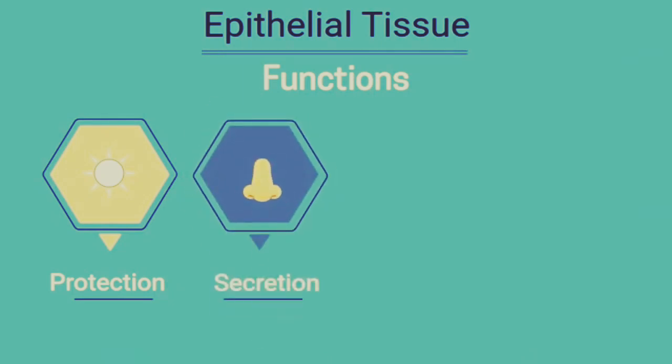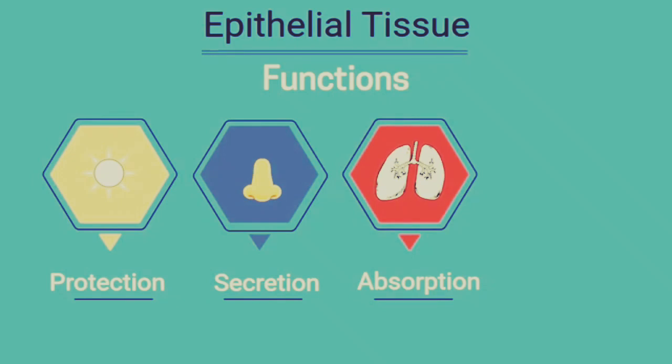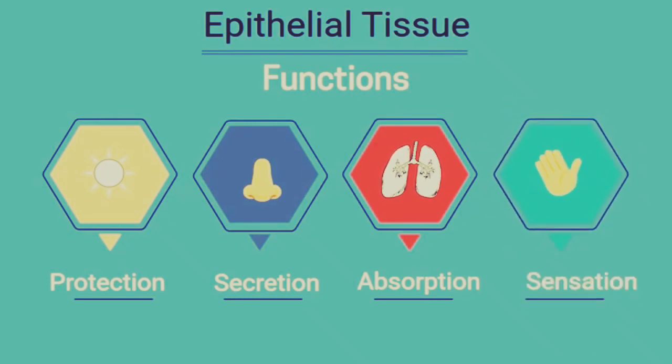Next is secretion of sweat or hormones and even mucus. They are also involved in absorption and exchange, for example, oxygen and carbon dioxide exchange. And also, epithelial tissues are important in sensation, in how we touch and feel our world.